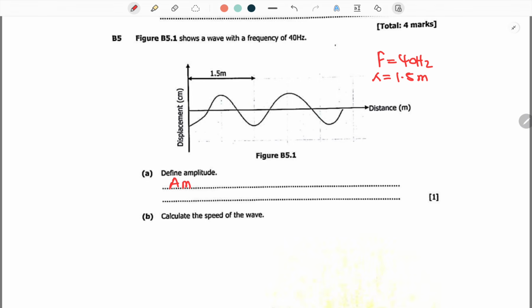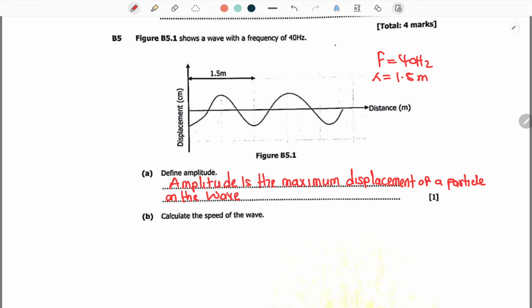Okay, amplitude is the maximum displacement of a particle on the wave.